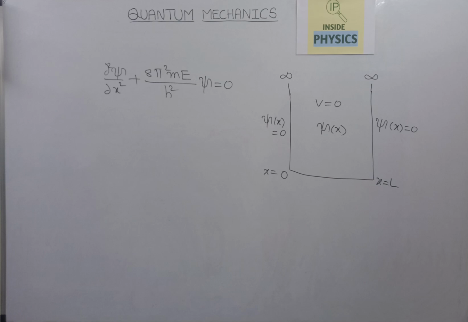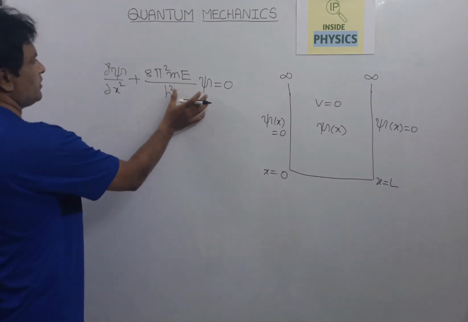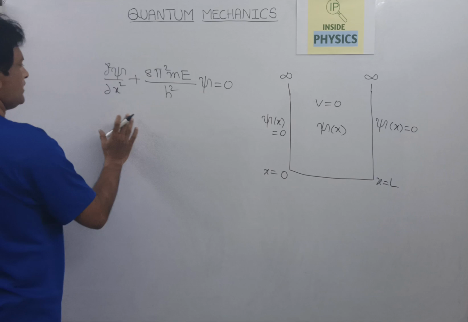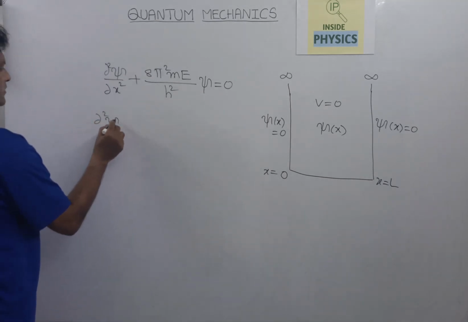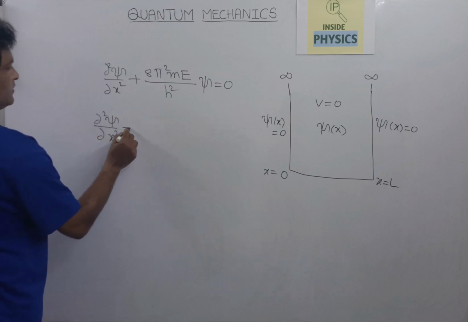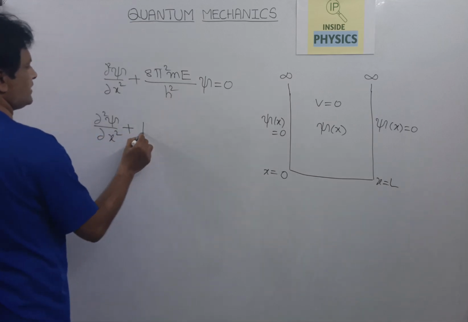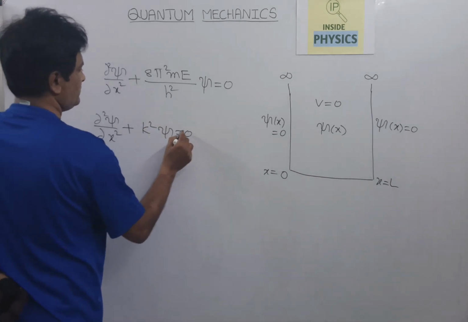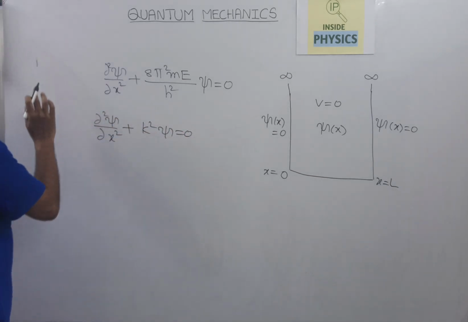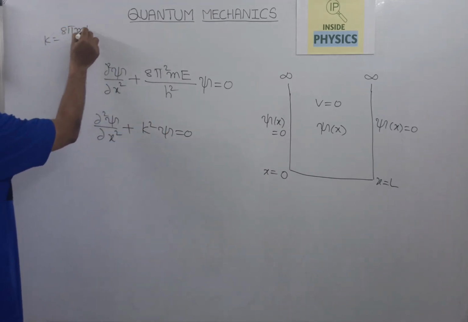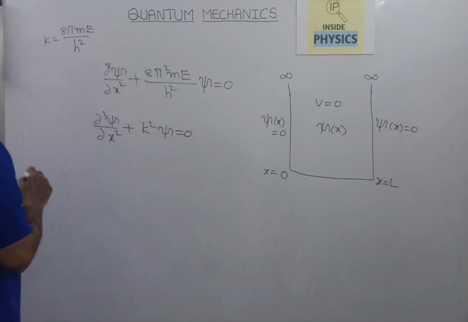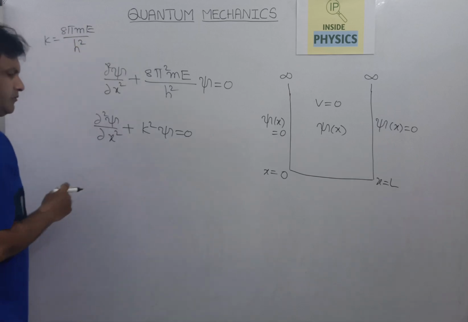For easy calculation, I will rewrite this equation as d square psi by dx square plus k square psi equals 0, where I take k square equal to 8 pi square m E by h square. For this equation we want to get the solution.